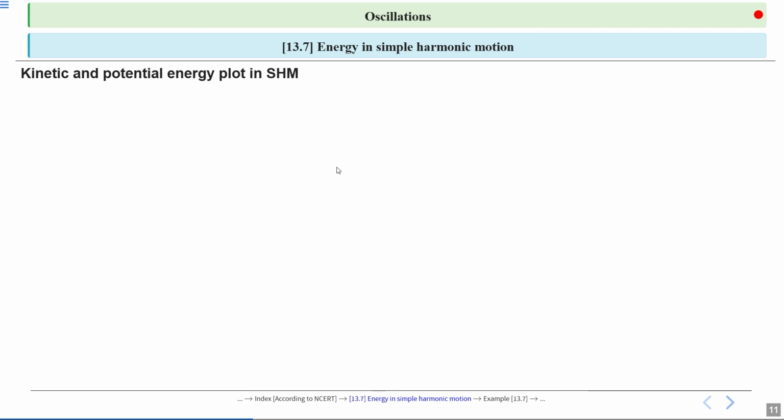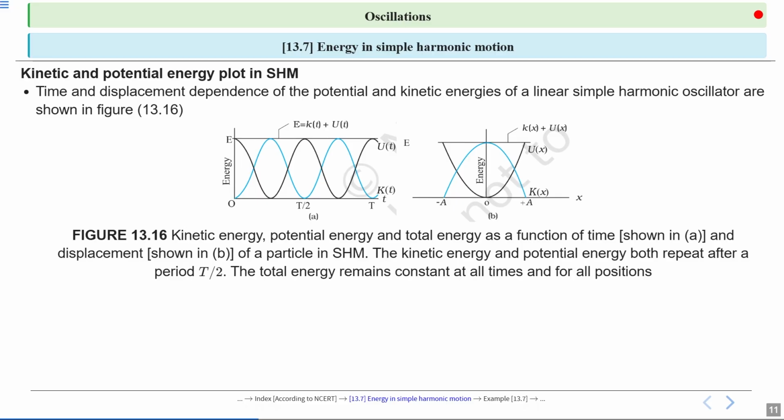Kinetic and potential energy plot in SHM. Here you can see a graph showing how kinetic energy and potential energy change over time and displacement for a simple harmonic oscillator. Both energies go up and down in a repeating pattern.